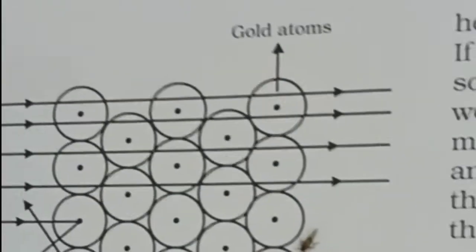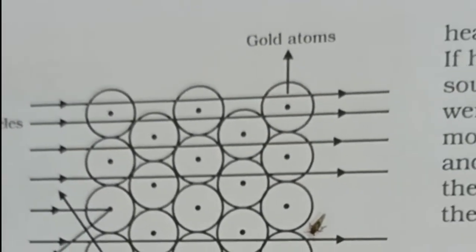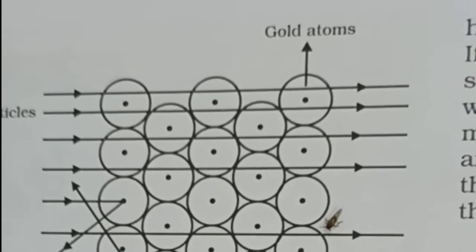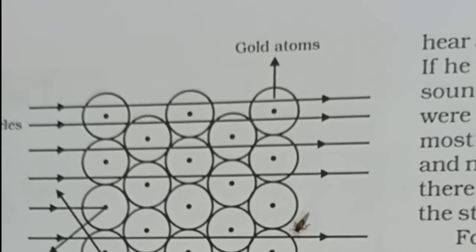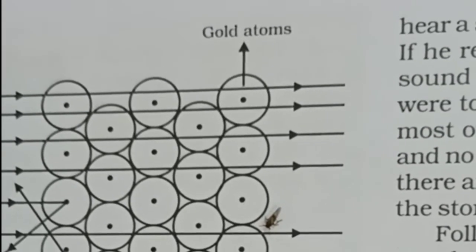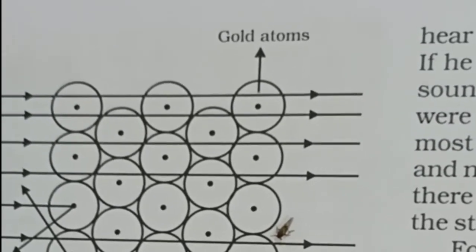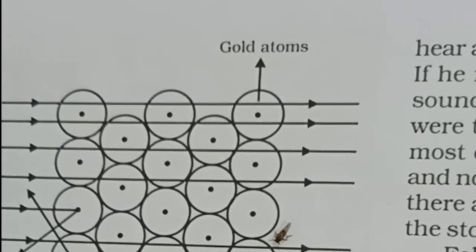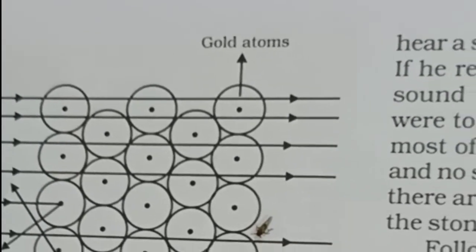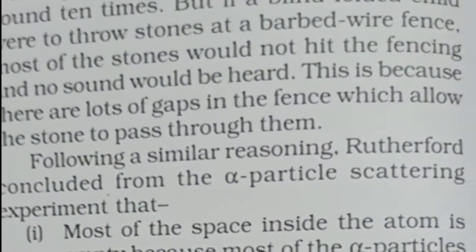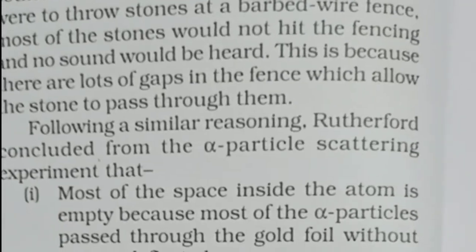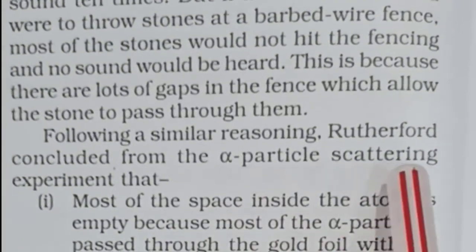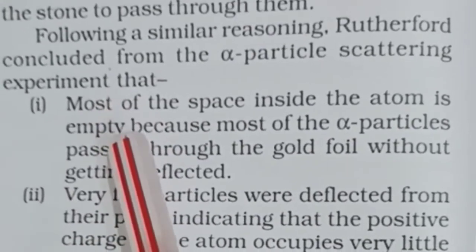But in this alpha particle scattering experiment, most of the alpha particles passed straight. So we can say that most of the space inside the atom is empty. These are the conclusions we can get from the alpha particle scattering experiment of Ernest Rutherford.